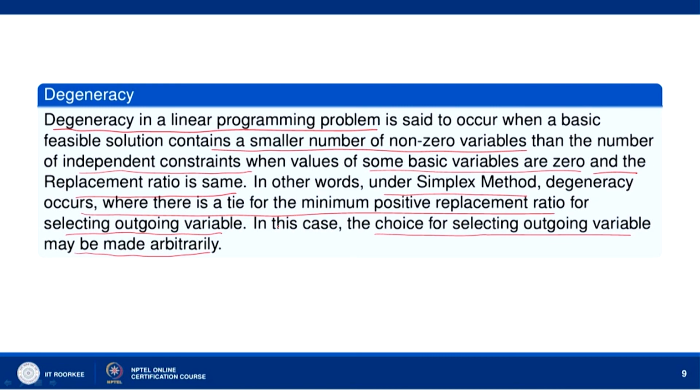So we have discussed various cases: the case where we found an unbounded solution, the case where we found more than one optimal solution, and also the case of degeneracy, where the values in the theta column were the same.